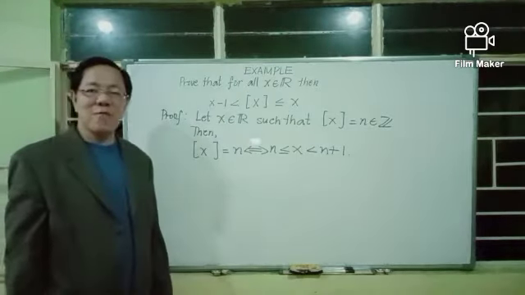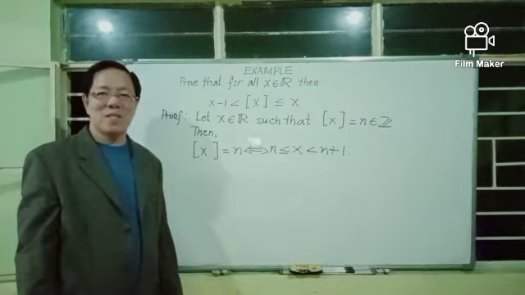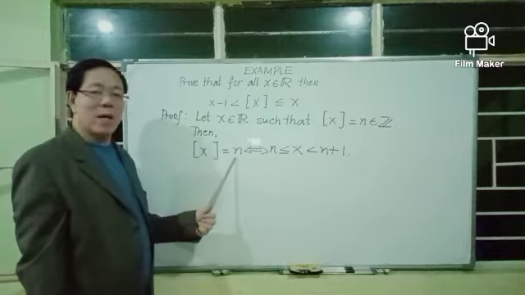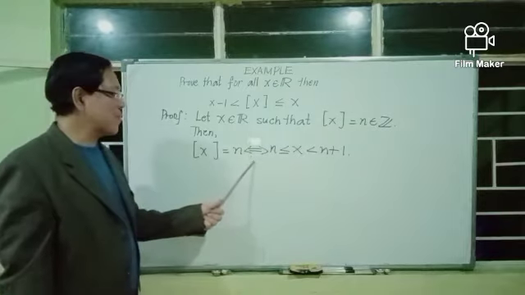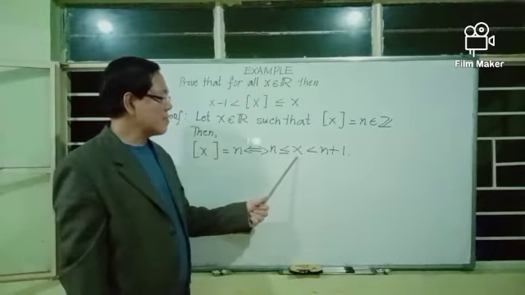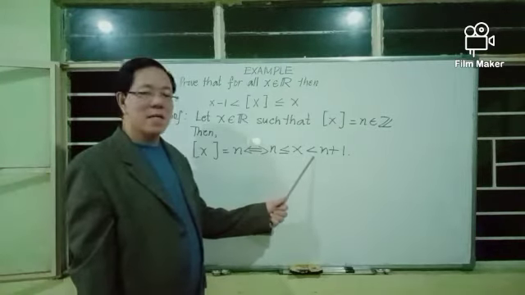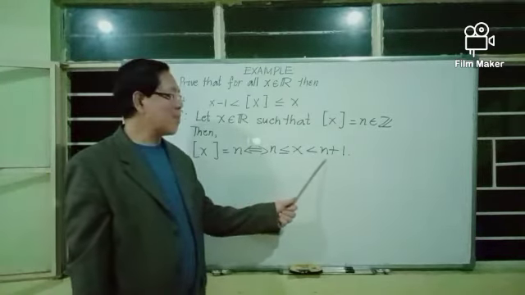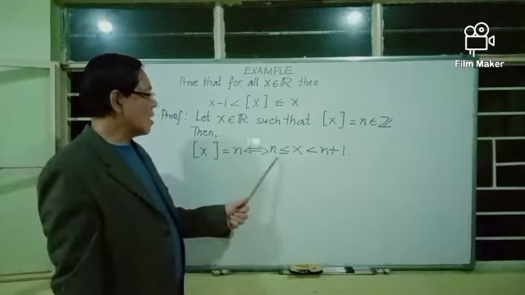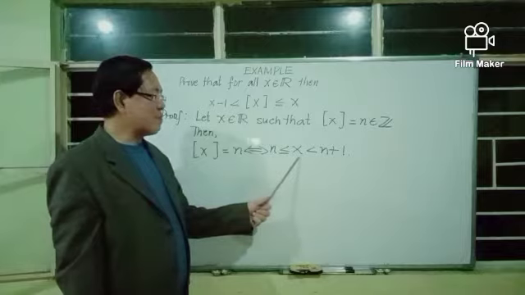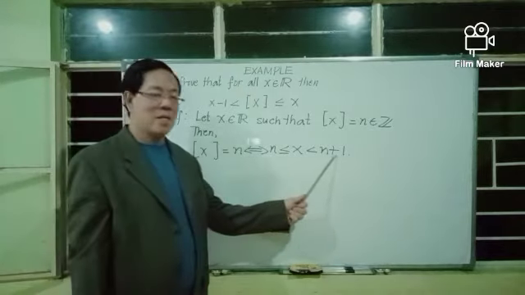The alternative definition says that the greatest integer function of x is equal to n if and only if x is greater than or equal to n but strictly less than n plus 1. And we start from this part of this inequality.